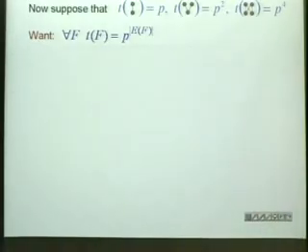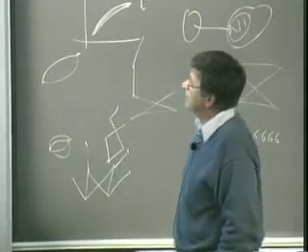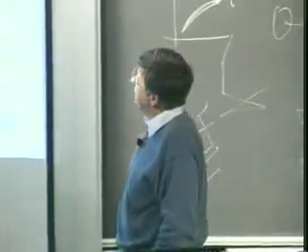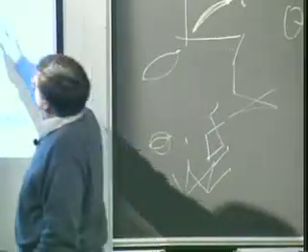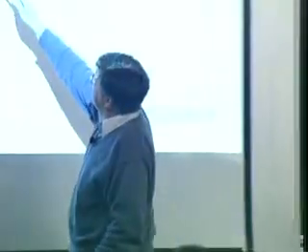These are the 2 inequalities I proved on the previous slide. And so for these 3 little graphs, we know they have the right frequency. And we want to prove that for every f, f has the right frequency.